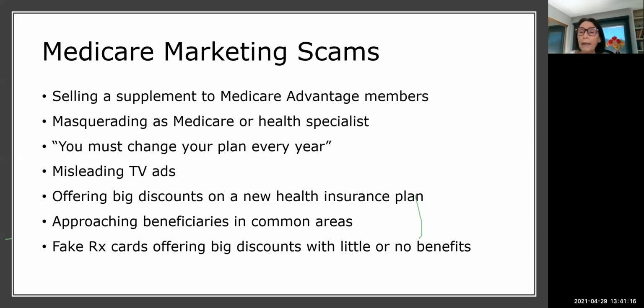The problem is you have to review everything they're telling you very carefully, because they may sign you up for a plan, and then all of a sudden you can't see your doctor because that doctor isn't in the network, or you can't get your medications because the plan they put you in doesn't cover your medications in its formulary.